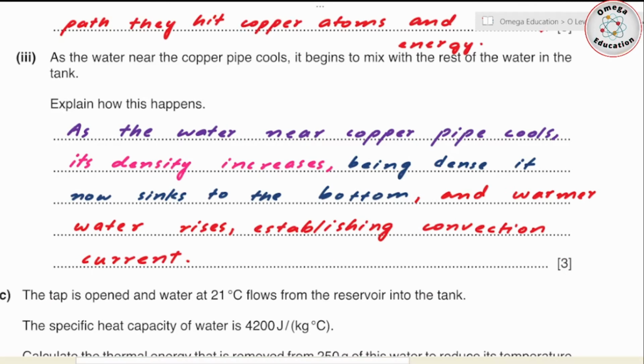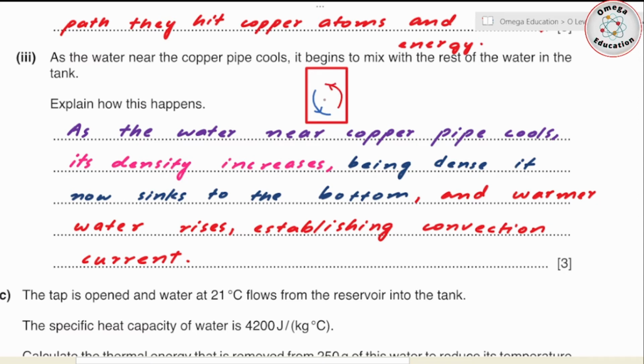As the water near the copper pipe cools down, its density would be increased. And if the water has more density, it would sink towards the bottom, and the warmer water would move upward. In the container, the cold water would be moving to the bottom like this, and the hot water at the same time would be moving upward.